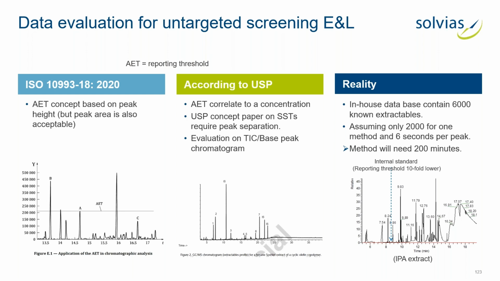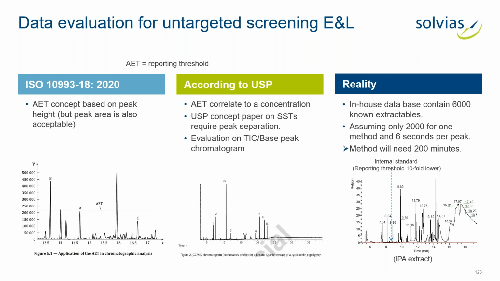From the guidelines, it's okay. On the other side, the USP doesn't specify exactly. They say the reporting threshold has to be connected somehow to the concentration. Then there is a guideline now for the SSTs that you use in your screening methods, and you have to do it more or less on the evaluation of the TIC or the base peak chromatogram.